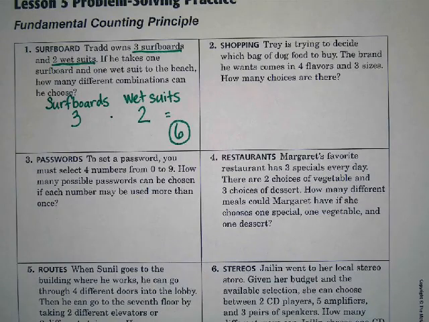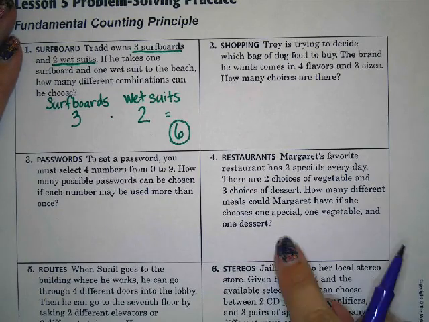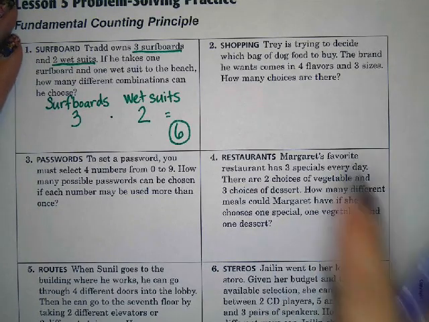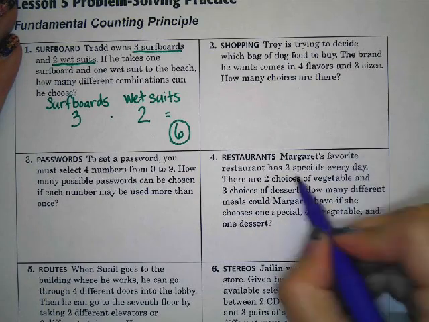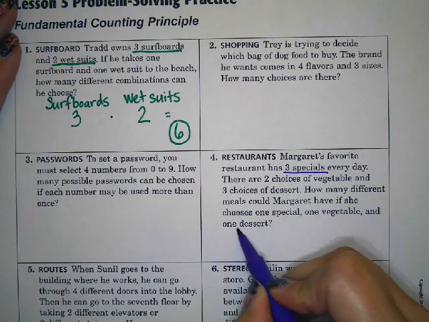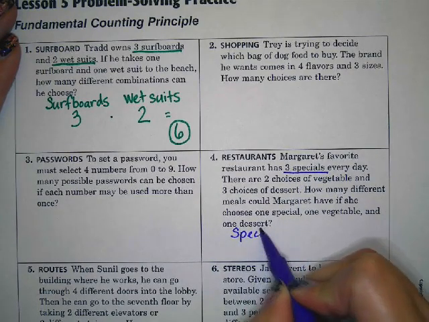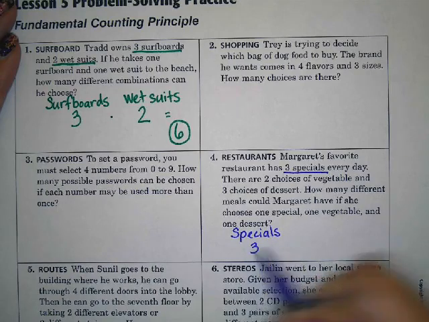Restaurants. Margaret's favorite restaurant has 3 specials every day. There are 2 choices of vegetable and 3 choices of dessert. How many different meals could Margaret have if she chooses 1 special, 1 vegetable, and 1 dessert? So again, let's identify the different independent events. We have specials, and there are 3 of them.